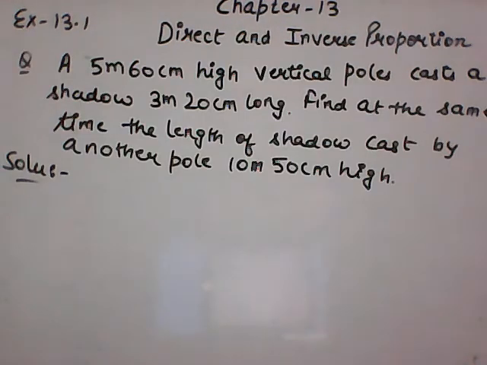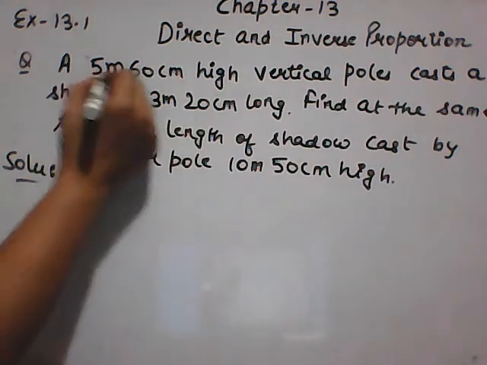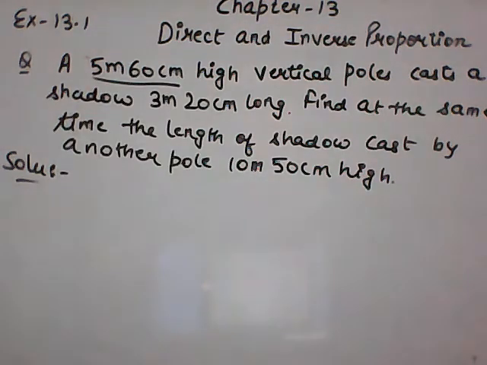In this question, a 5 meter 60 centimeter high vertical pole casts a shadow 3 meter 20 centimeter long. Find at the same time the length of the shadow cast by another pole 10 meter 50 centimeter high. A pole is given to you, its height is 5 meter 60 centimeter.